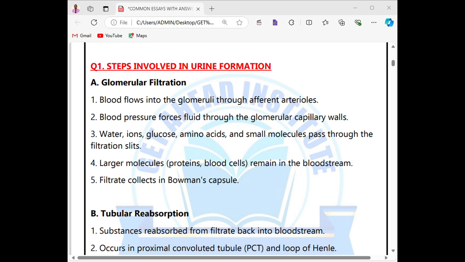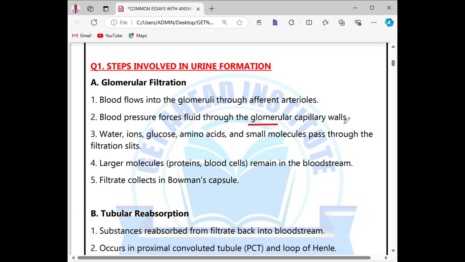All right. So glomerular filtration. Remember, we said that when blood is entering the glomerulus, it enters via the afferent arterioles. Then from there, after blood has entered, pressure will build up basically through the glomerular capillary walls.